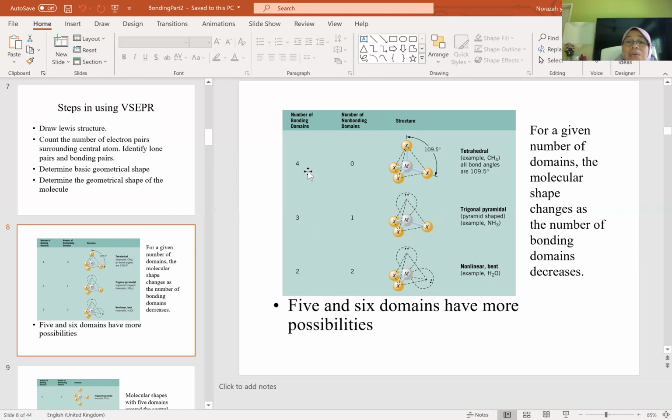Let's say out of 4, you have 2 pairs involved in bonding domain and 2 pairs involved in non-bonding domain. You can see now, out of the general structure, the final structure is bent, V-shape or non-linear.